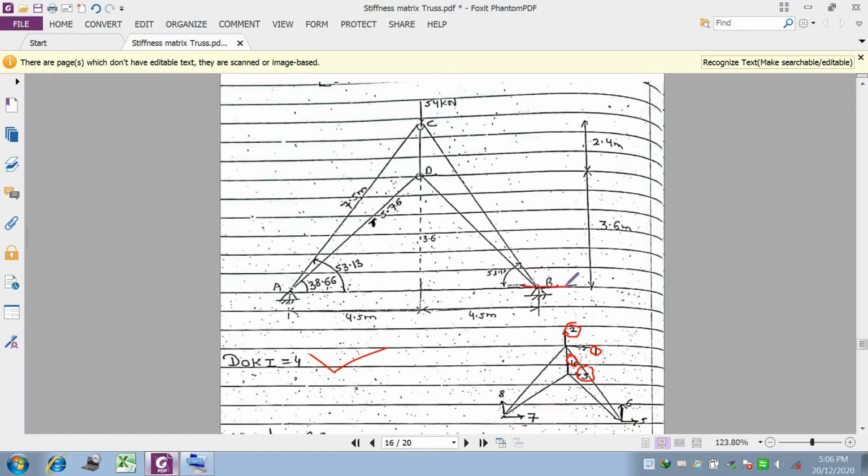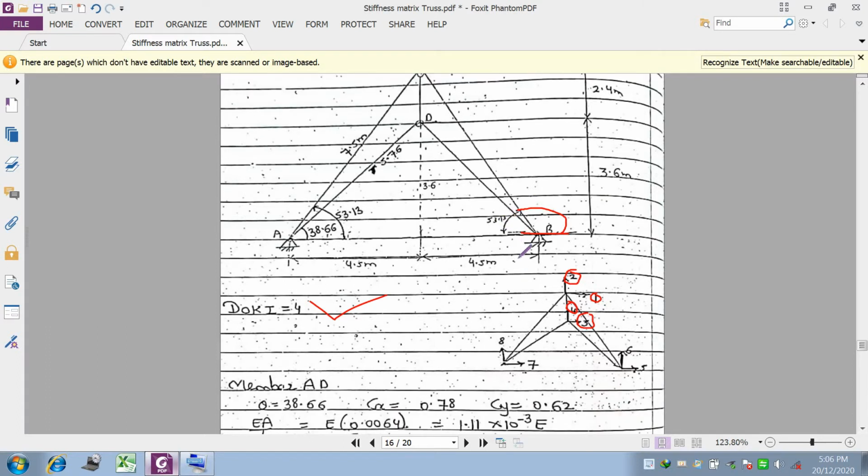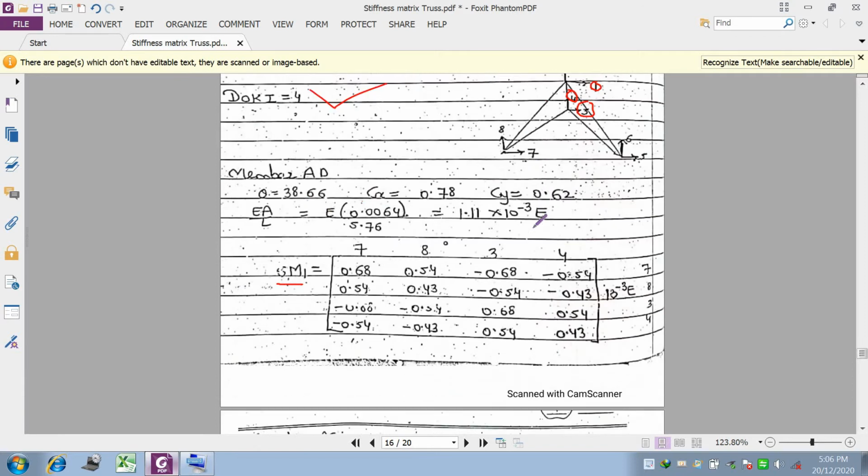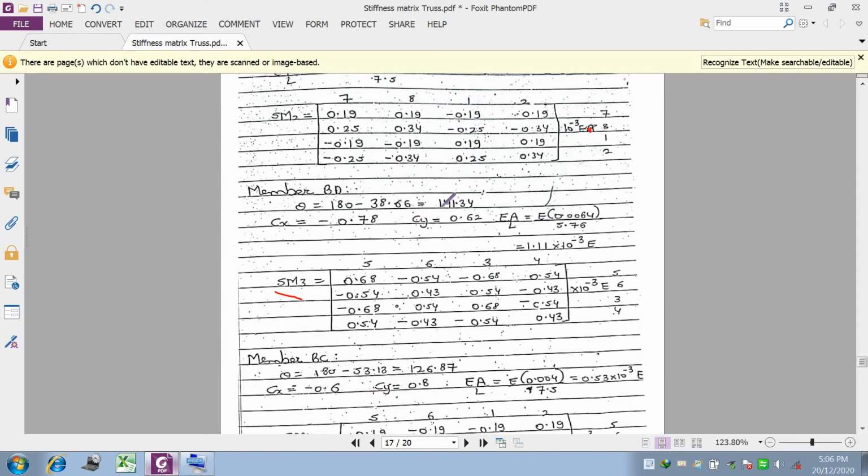So we have to measure the angle from the left side, not from the right side as given. The half angle will be 180, so 180 minus 53.13, and the answer is 141.34. You have to use this 141.34 in your calculation of theta.